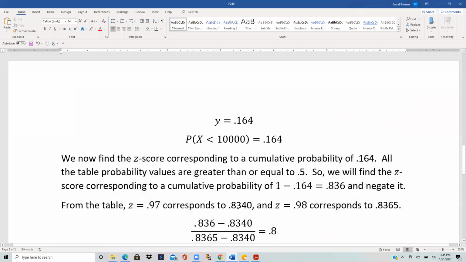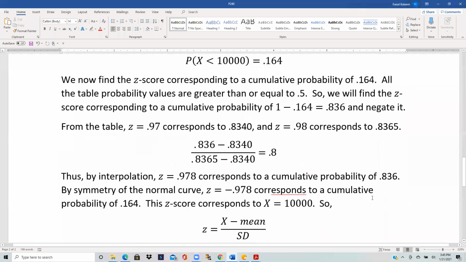And remember, our interpolation method is: 0.836 is the probability we are looking for, so that's our first entry minus the lower probability divided by the highest minus the lowest. And that gives you 0.8. So that means that the z value is 0.8 of the way between 0.97 and 0.98, which means it's 0.978.